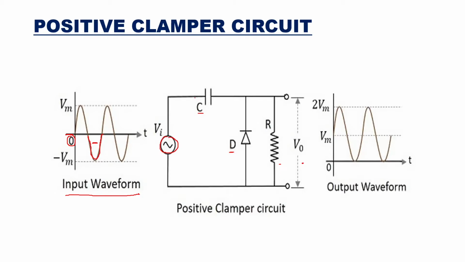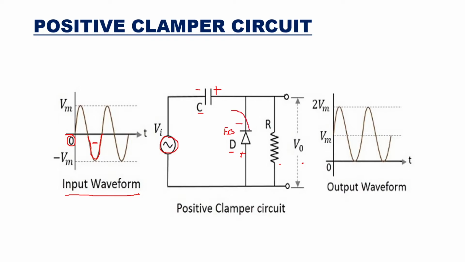When the input is given as a negative half cycle, the capacitor will charge with a polarity minus plus in this way. When the input is in the negative half cycle, the diode will be minus plus, so it will be forward biased.